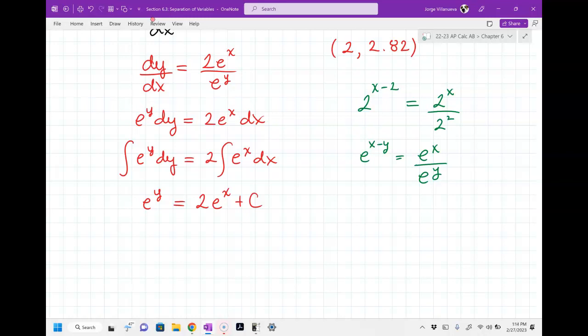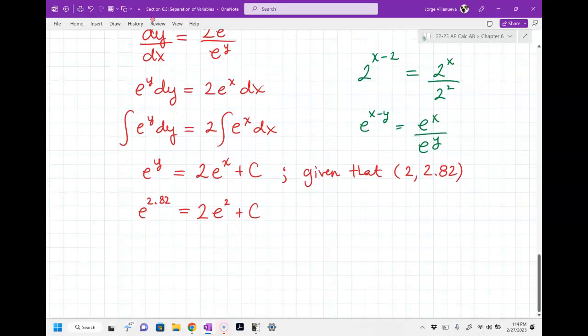All right. Now, at this point, I do have to solve for y, but I was given an initial condition. Given that I have (2, 2.82), I want to solve for c. So e to the 2.82 is equal to 2 times e to the second plus c.